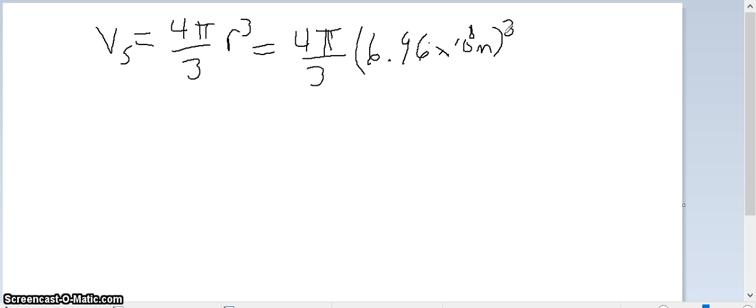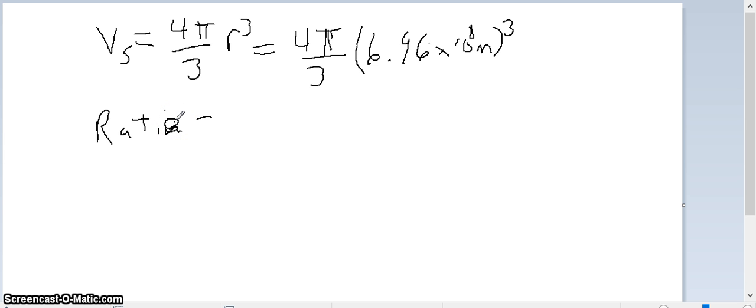The next part that they want to know is what's the ratio of the cloud's volume to the sun's volume. So this is the ratio. That's an O. Sorry, that looks like an A, doesn't it?